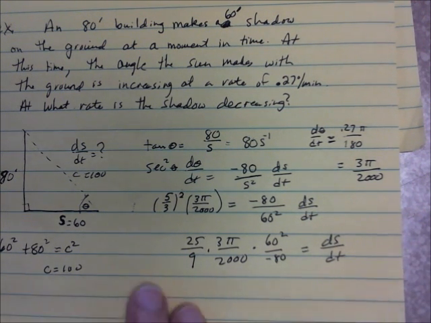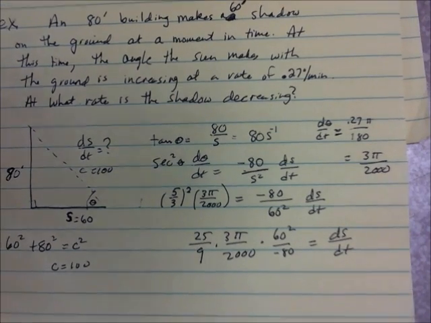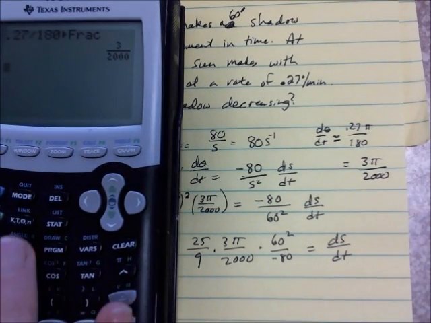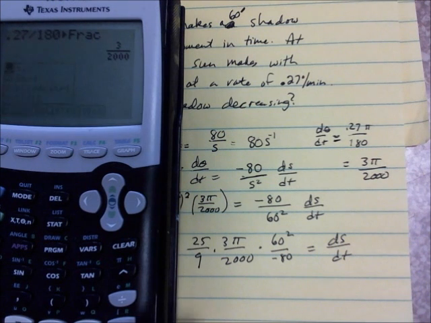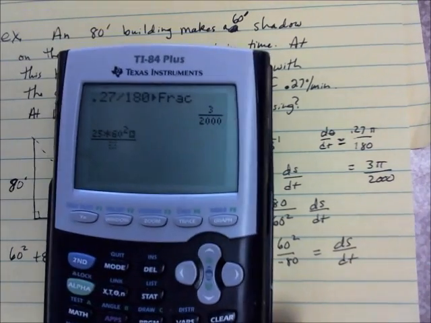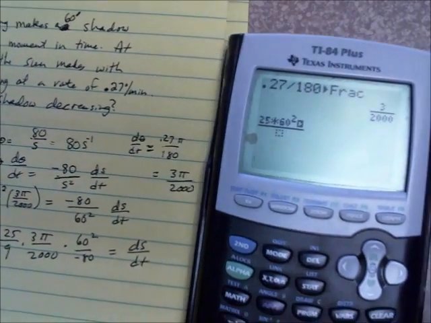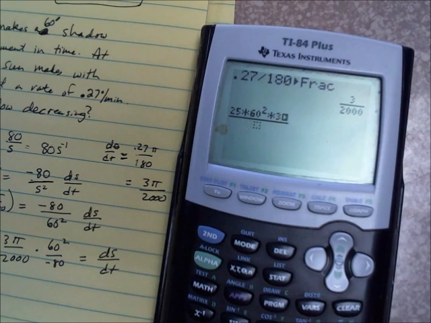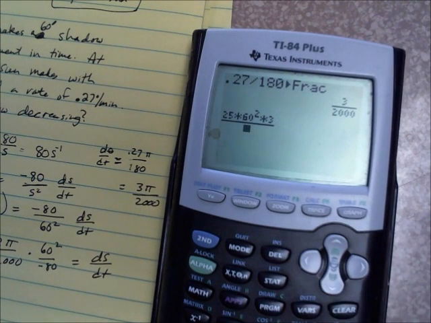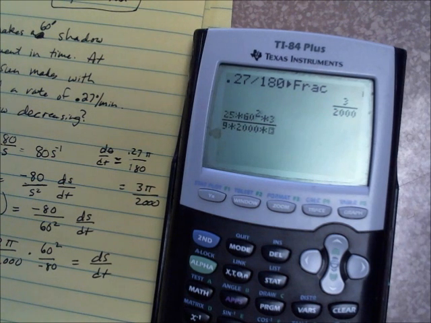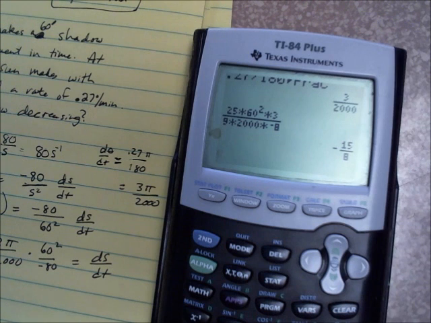So I think it's just time to take our calculator out. Without the pi in there, I'll do 25 times 60 squared, times 3, also in the numerator. And in the denominator, we have 9 times 2,000 times negative 8. And then there will be a pi on the top of that.